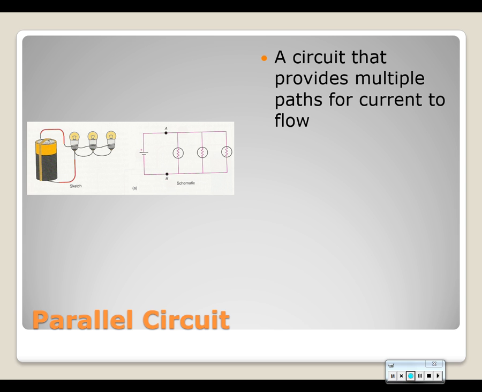Think of it like a checkout counter at Target or the grocery store. If there's only one register open, everybody has to go through that register. That's a series circuit. Everybody's got to go the same way. And as a result, what ends up happening? It takes longer. It's slow going.